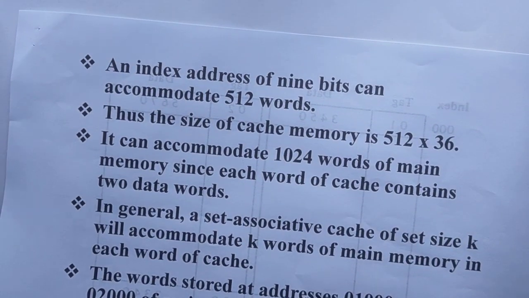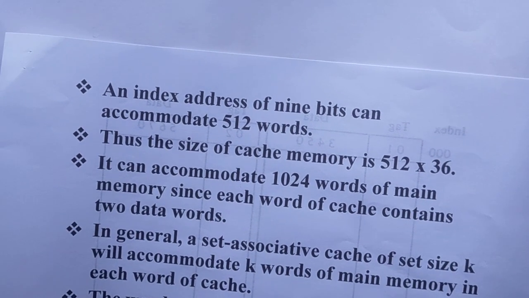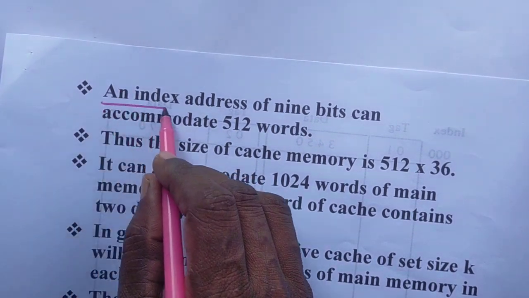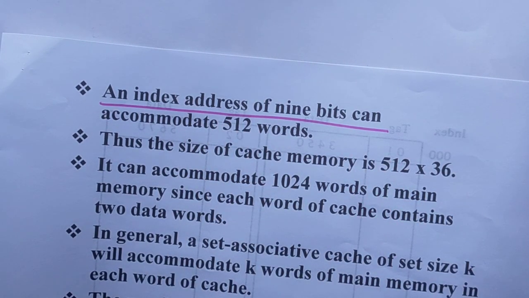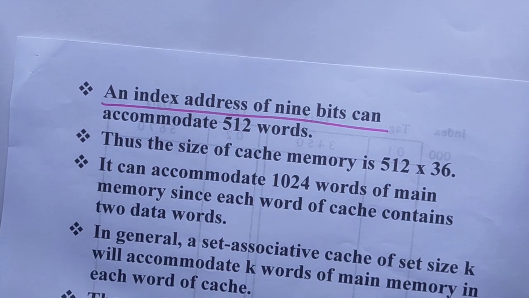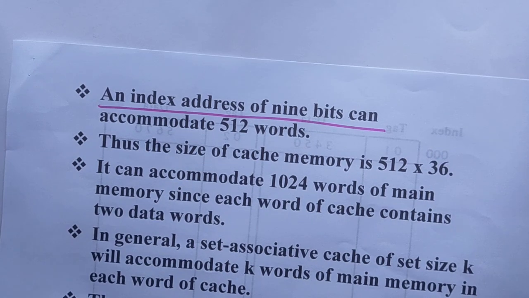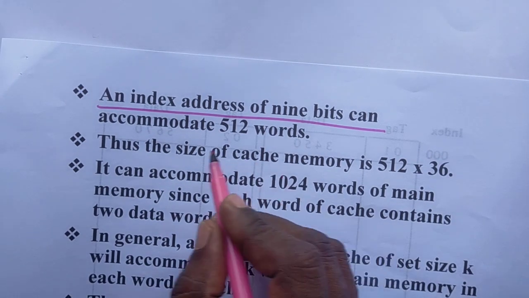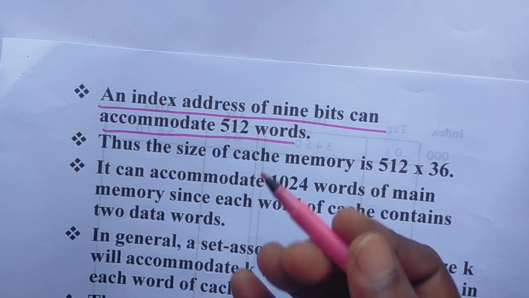I will show you first the theoretical definition. Now see, an index address of 9 bits. We have already discussed that one part is a block and another part is a word, making 9 bits. An index of 9 bits can accommodate 512 words, because 2 to the power 9 is 512.